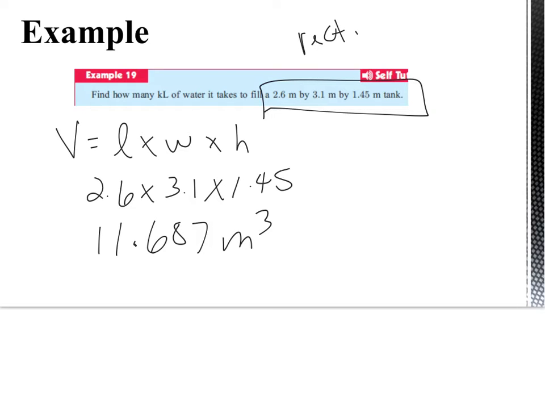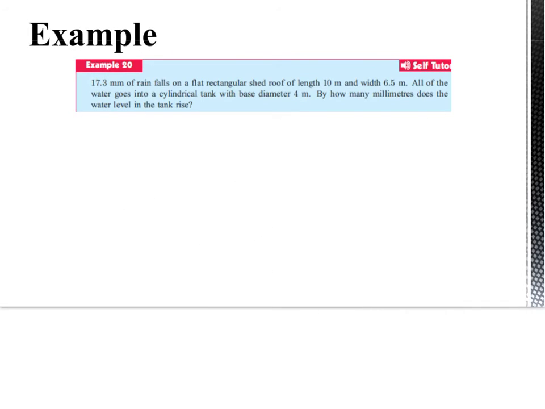Now we have to take that volume and convert it into capacity. To do that, we simply realize that 1 meter cubed is the same as 1 kiloliter. So all we have to do here is essentially change the units. So 11.687 kiloliters, because these two units are the same. One's just volume and one's capacity.